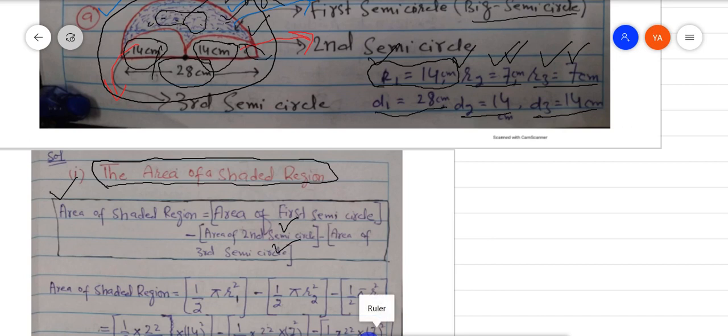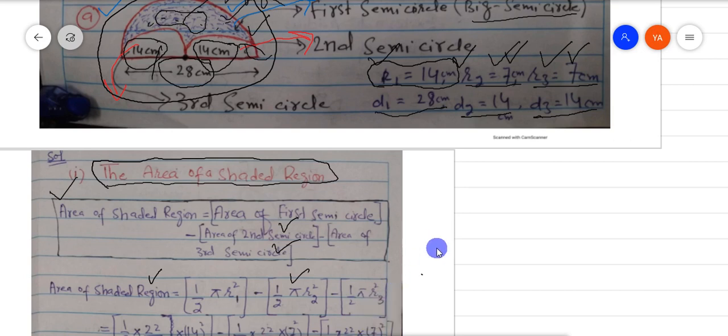So the area of a shaded region will be, the formula of area is 1 upon 2 pi R1 square, where R1 is the radius of the first semicircle. Similarly, minus the area of the second semicircle, 1 upon 2 pi R2 square.